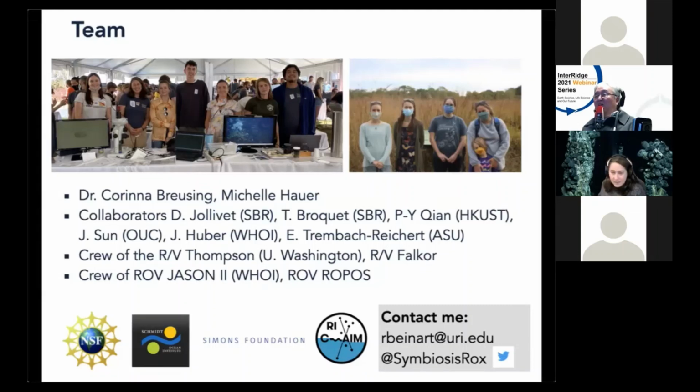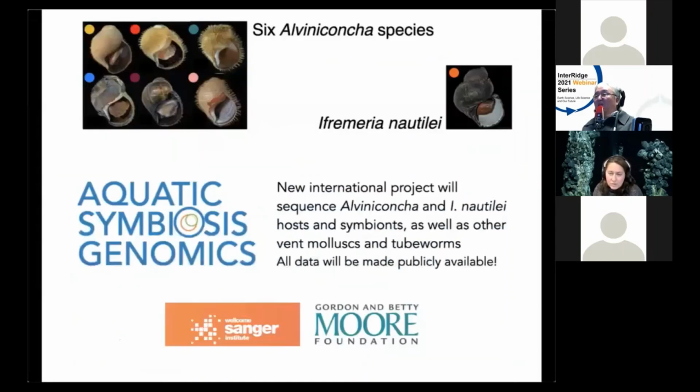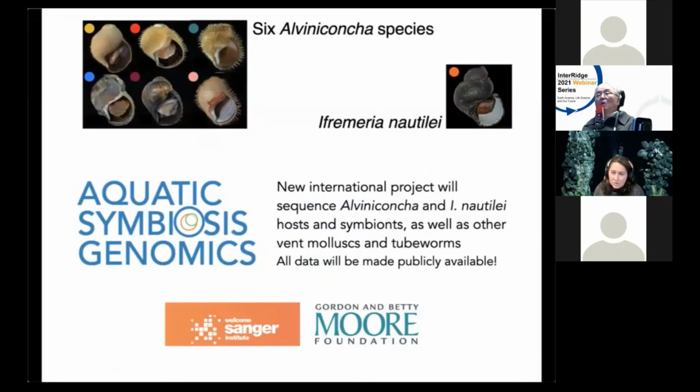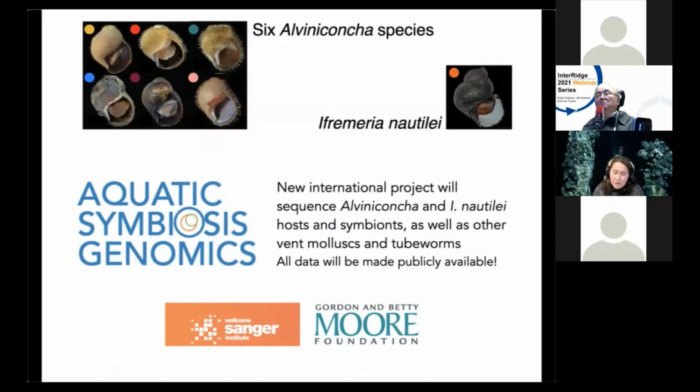And then the last thing that I'll say beyond my acknowledgements is I just wanted to put a plug in for this new aquatic symbiosis genomics project that I and many others around the world are part of. With this project, the 6 Alviniconcha species and Ifremeria nautili, as well as their symbionts, will all be sequenced by the Sanger Institute in the UK.